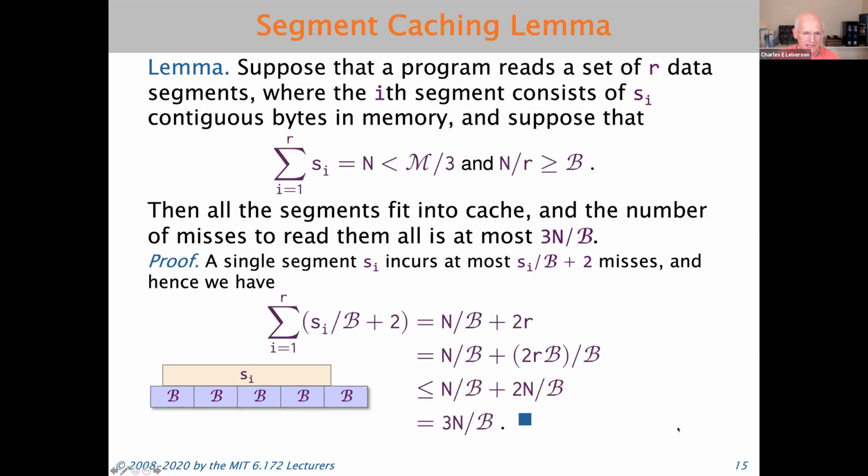That's really helpful because it says, if you look at things that are segments and you're looking to see what adds up, check that the average length of the segments is larger than a cache block. And if it is, then you can treat them as if you did the obvious thing.